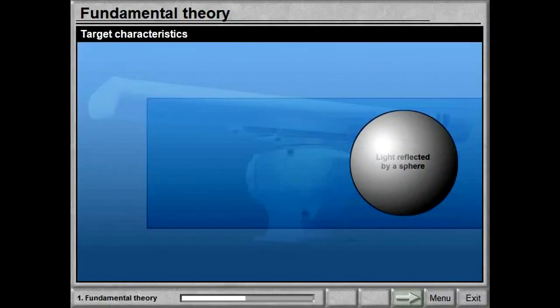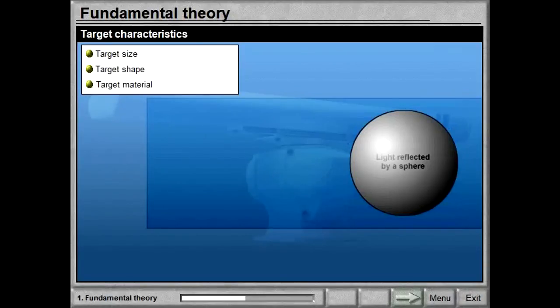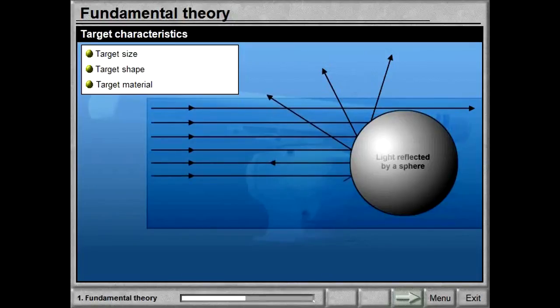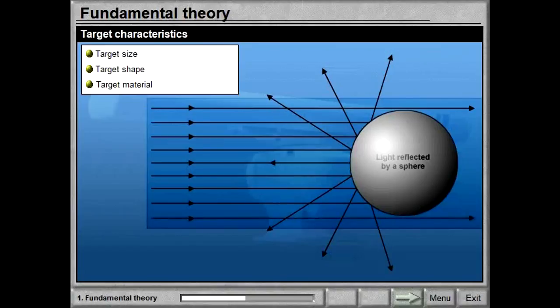The target's capacity to reflect radar pulses is dependent on the target's size, shape, and material. When a radar pulse hits a target, some of the pulse will be absorbed and some of it reflected.